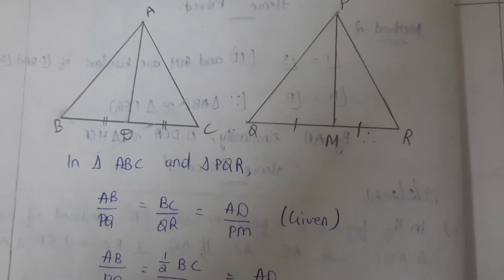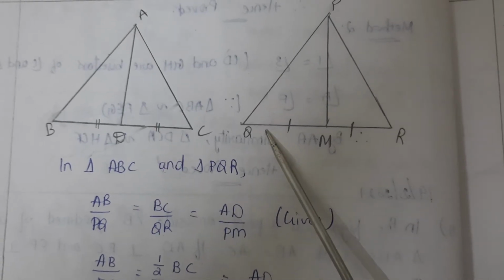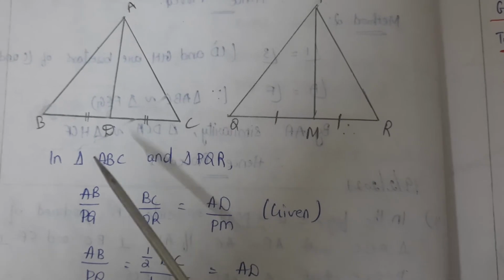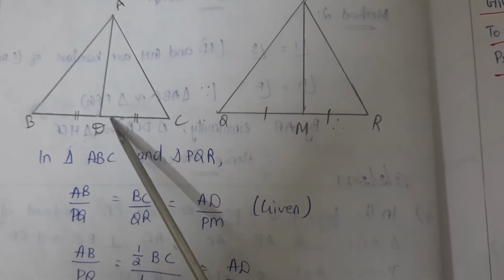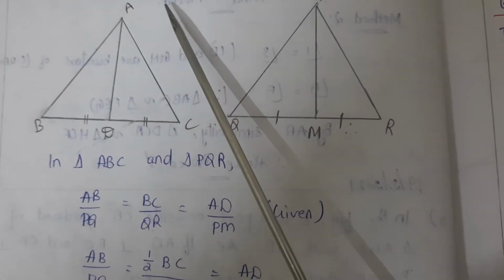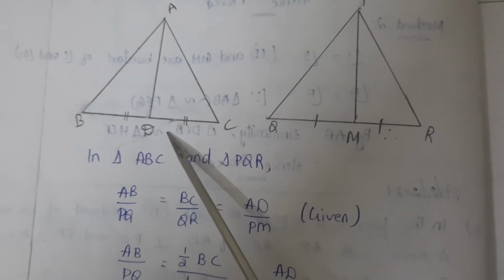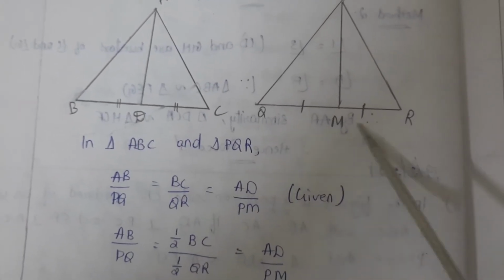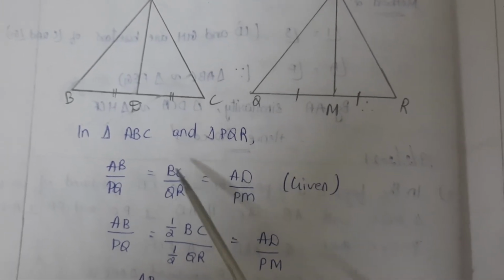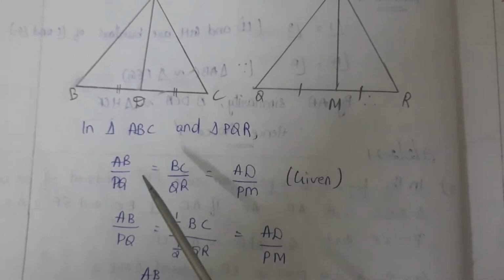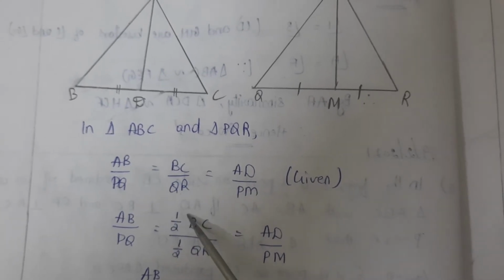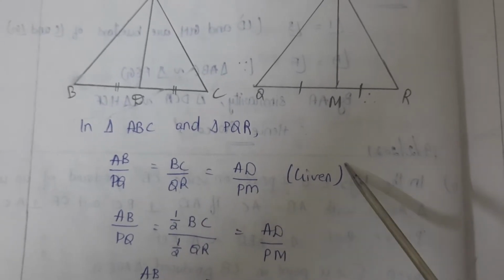Now these are the two triangles. One is ABC, one is PQR. AD is the median, here PM is the median. So the median will divide this base into two parts because it is the middle point. The line drawn from the vertex to the midpoint of the opposite side is the median. So BD will be equal to DC and QM will be equal to MR. Now when you take these two triangles, as we have written, AB by PQ is equal to BC by QR is equal to AD by PM, it is given.